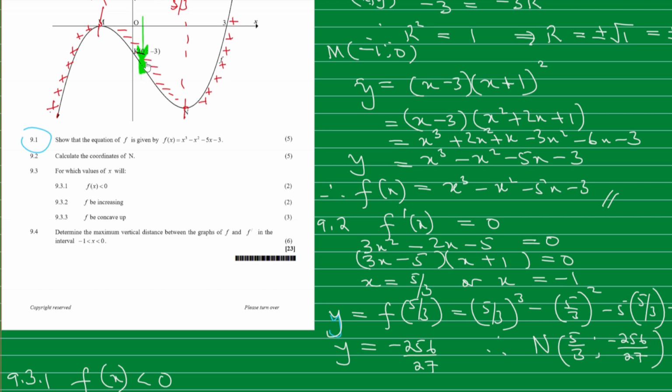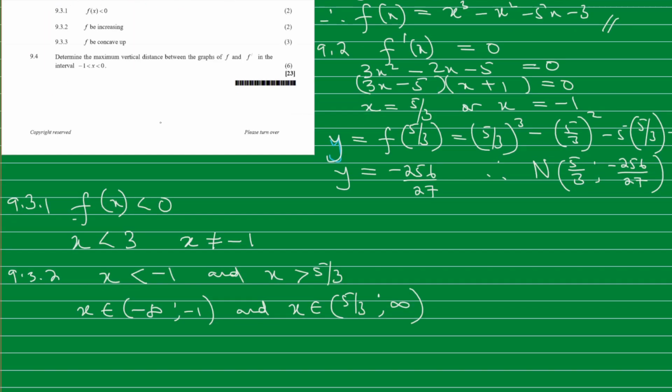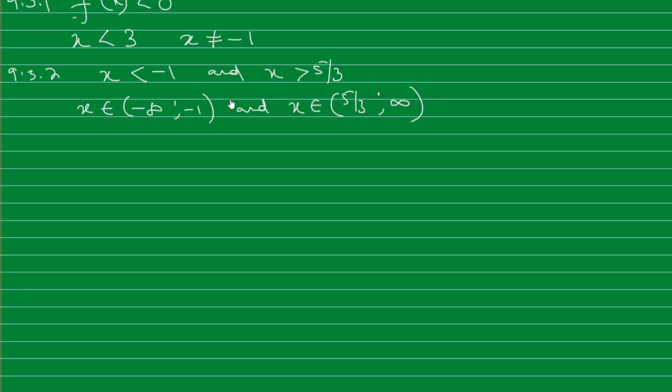So first of all, the initial step is to find what our point of inflection is. And to find the point of inflection, we have to find the second derivative. Okay, so let us first find the point of inflection. Our second derivative should be equal to 0. That will give us the x value of the point of inflection.